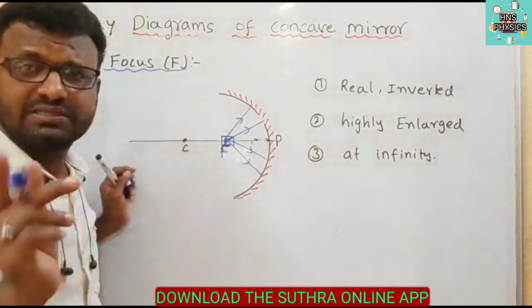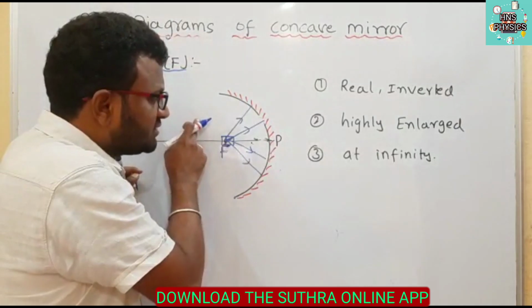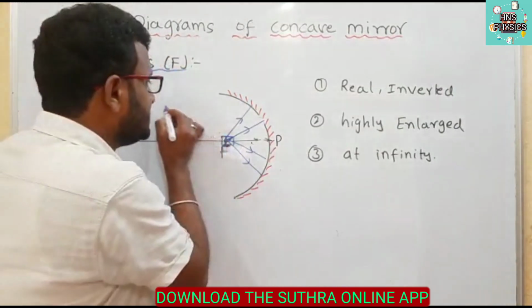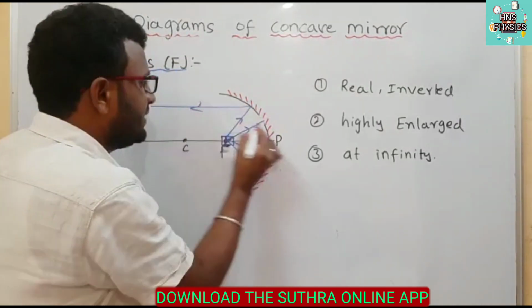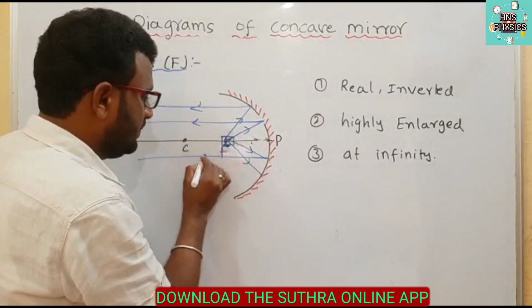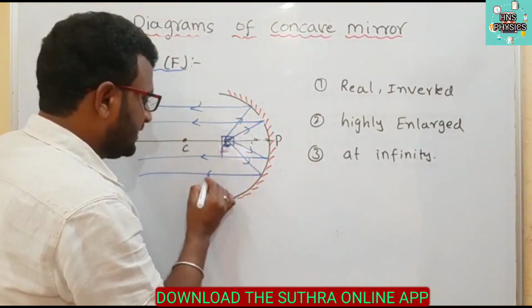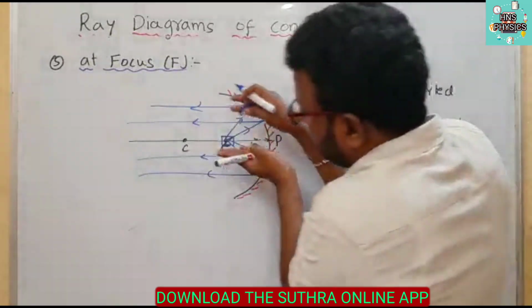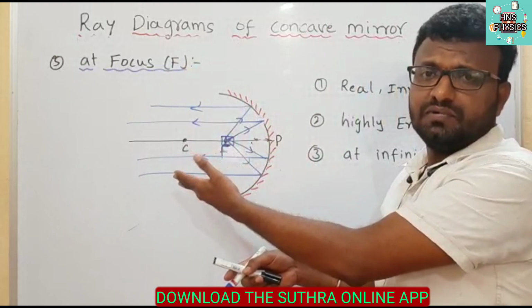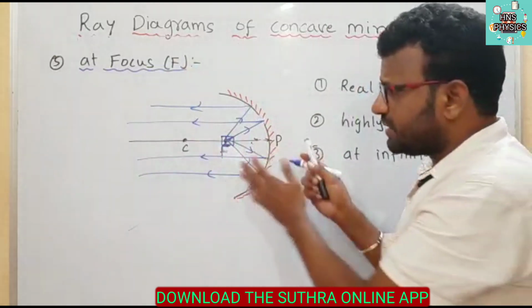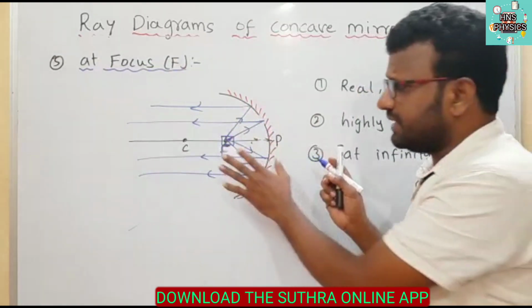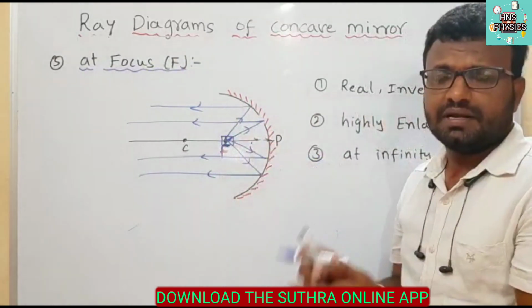So we know the second rule: if any ray of light passes through the focus, after the reflection all the reflected rays pass parallel to the principal axis. So after the reflection, the light travels like a straight line. Then we are able to see in front of vehicles at night time. So based upon this principle, car headlights work.